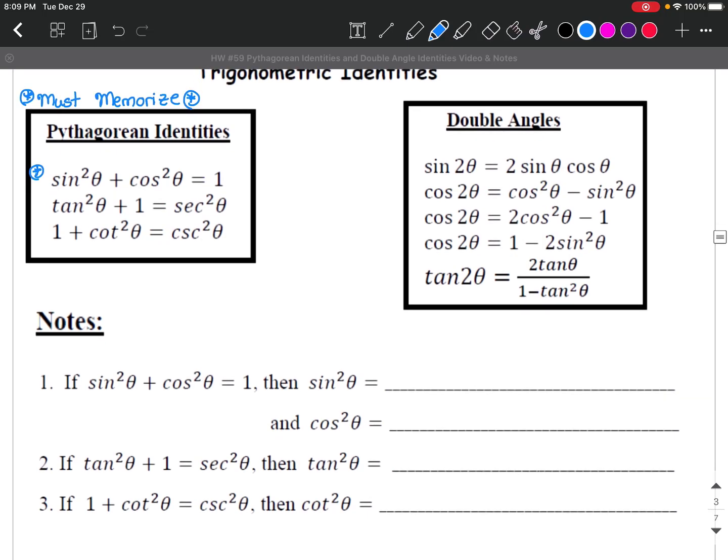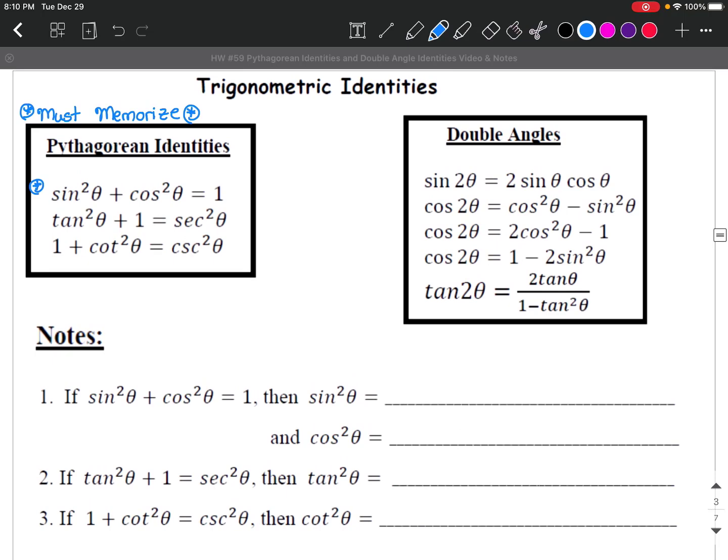But that said, we don't always use the identities when they're in that form. For instance, if we know that sine squared theta plus cosine squared theta is 1, what would sine squared theta be? Well, in this equation, we would have to subtract the cosine squared theta from both sides, and we would have 1 minus cosine squared theta.